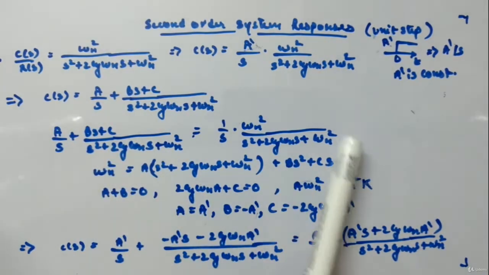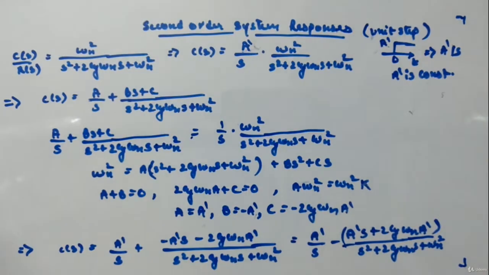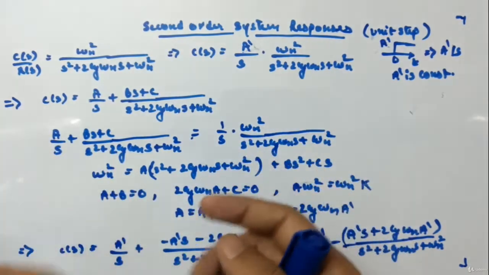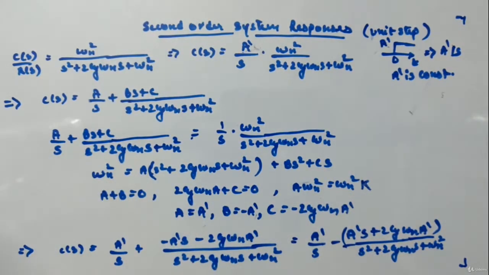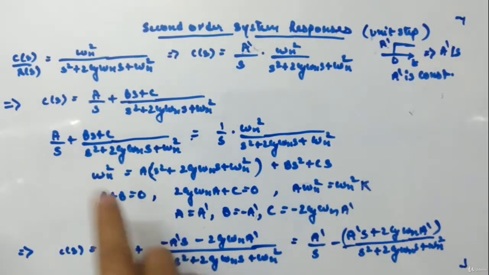That is the reason I've written it in this way. I've equated these two since they are equal to C(s). So this is a way to do partial fraction in the Laplace domain to calculate the time domain equivalent of the signal. So we'll be using that, and that's how you calculate.